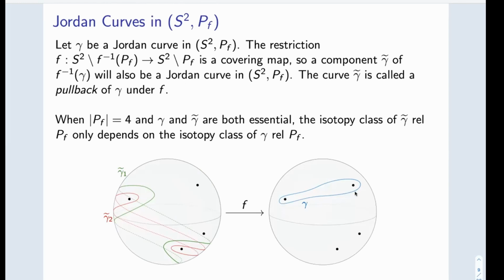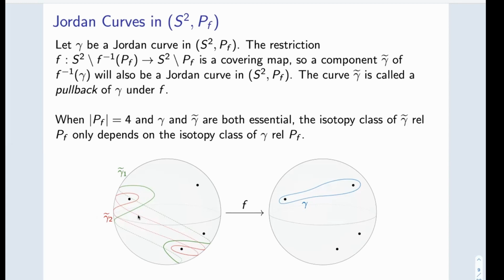And if I have an essential curve in my target, then when I take its preimage, the preimage is also going to be a Jordan curve. So the preimage is going to close up.